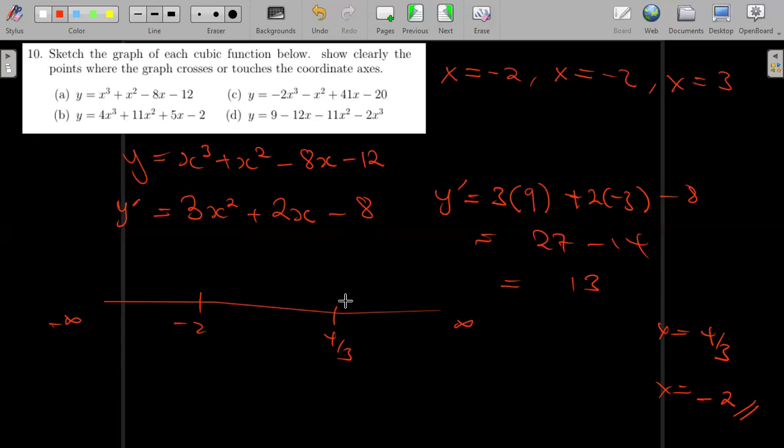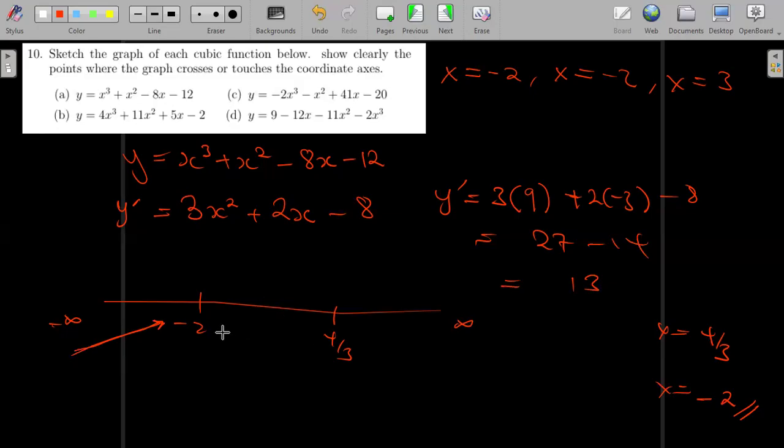So this is positive. What does that tell me? It tells me that in this region, my graph is increasing. So I expect it to come like this.